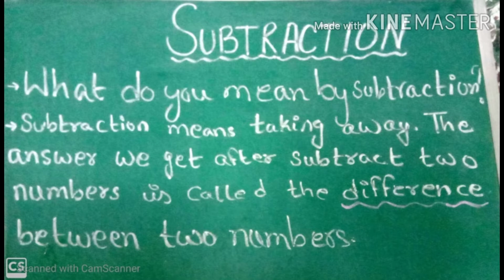The answer we get after subtracting two numbers is called the difference between the two numbers. Is it clear to everyone? Subtraction means taking away, and the answer we get after subtracting two numbers is called the difference.